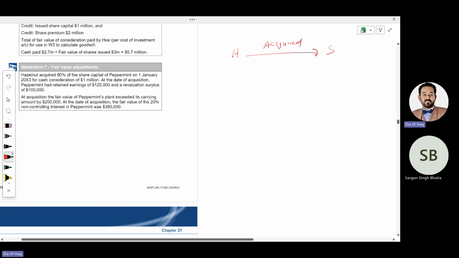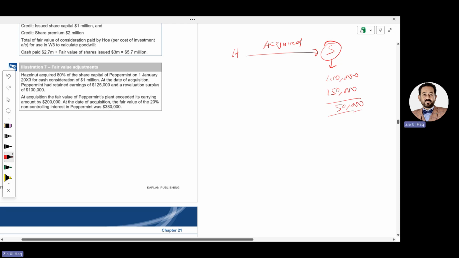At acquisition time, suppose the subsidiary company had an asset of 100,000, but that asset's market value was 150,000. This means if the subsidiary sells that asset, how much profit can they gain? 50,000.